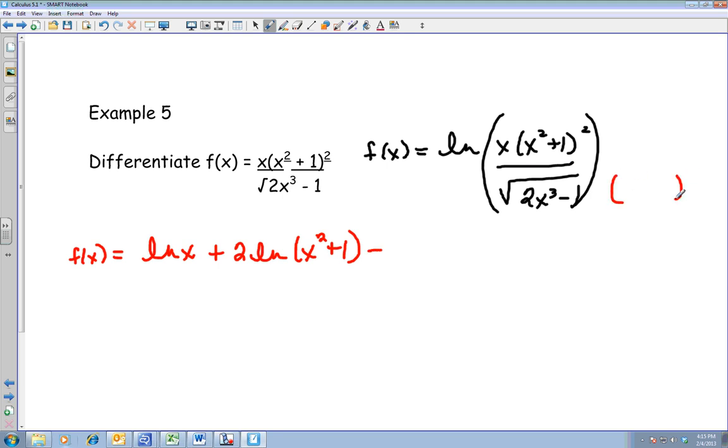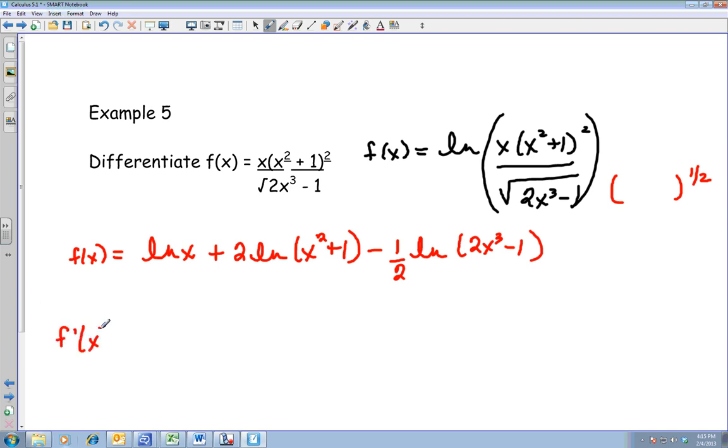Remember, this can be written as to the 1/2 power, so I'm going to bring down my 1/2 natural log of 2x cubed minus 1. So that's why we practiced using the properties of logarithms, so that I could rewrite it so I can find the derivative. So now I'm going to find the derivative.